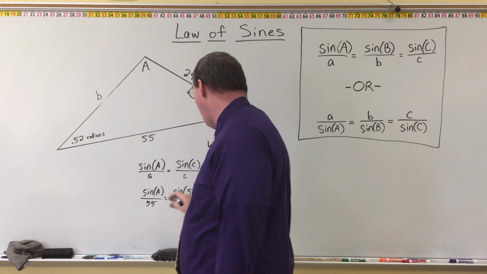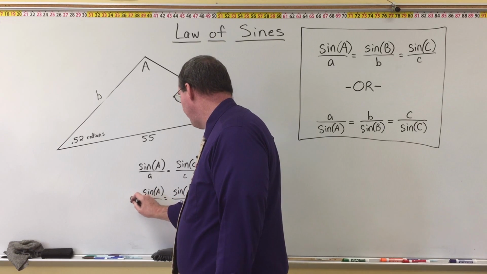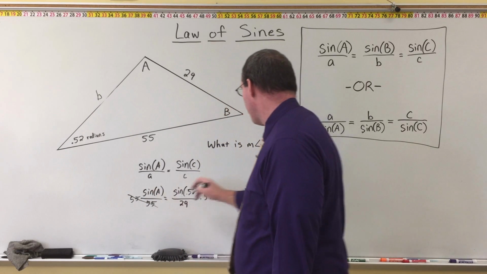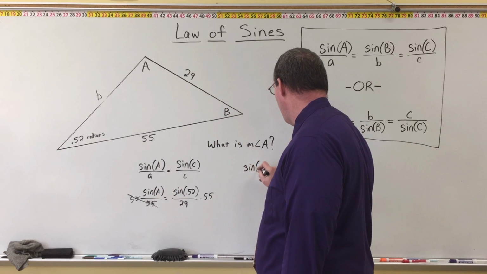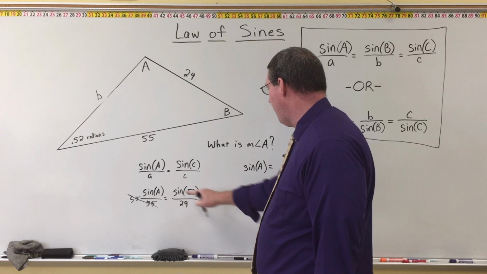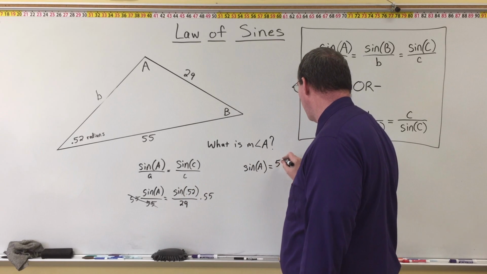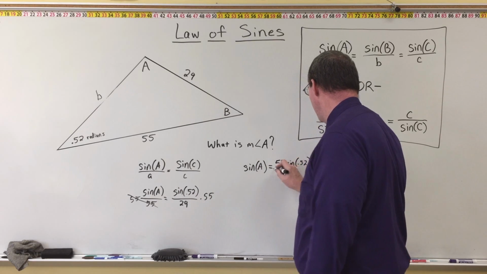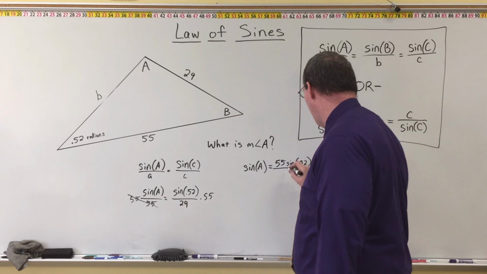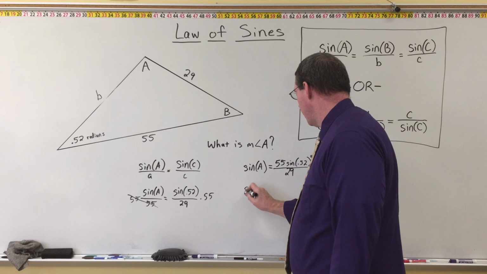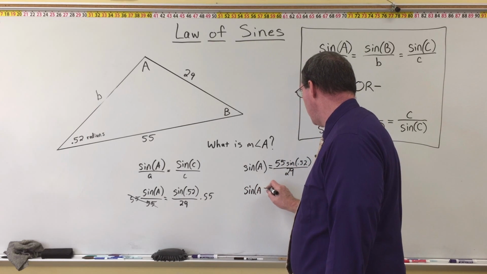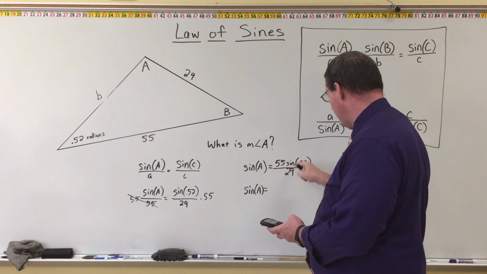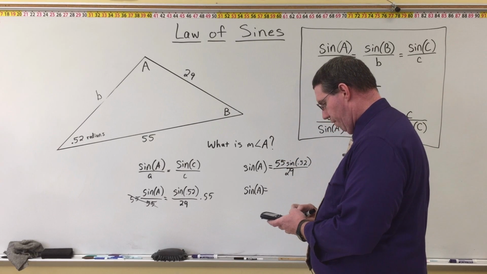Now we're going to solve algebraically. We multiply by 55 on both sides to cancel, and bring this over. So sine of A is equal to 55 times sine of 0.52 radians, over 29. First the numerator: 55 times sine of 0.52 radians.